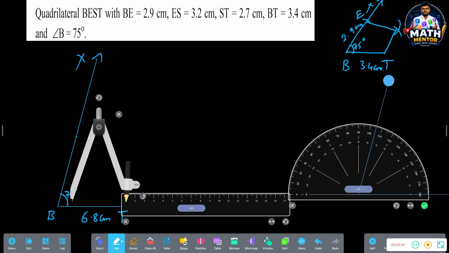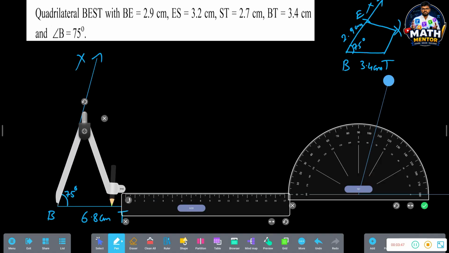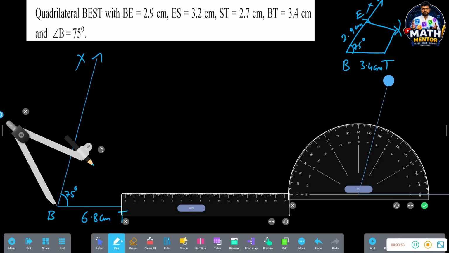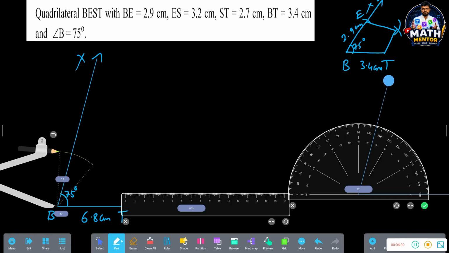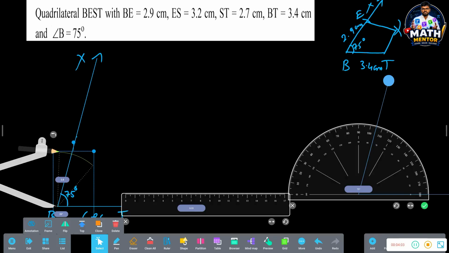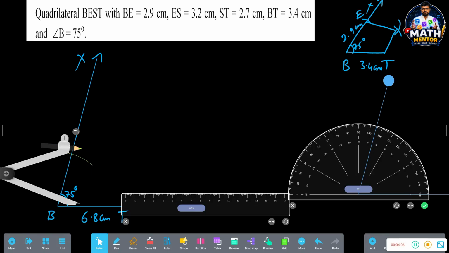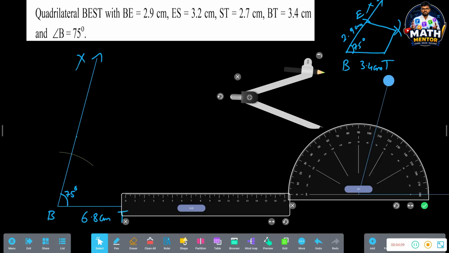So now keep this on B. Now I will draw an arc. Right, this is the arc. Okay, right. So this is the point E. Now this is E and BE is 2.9 centimeters.